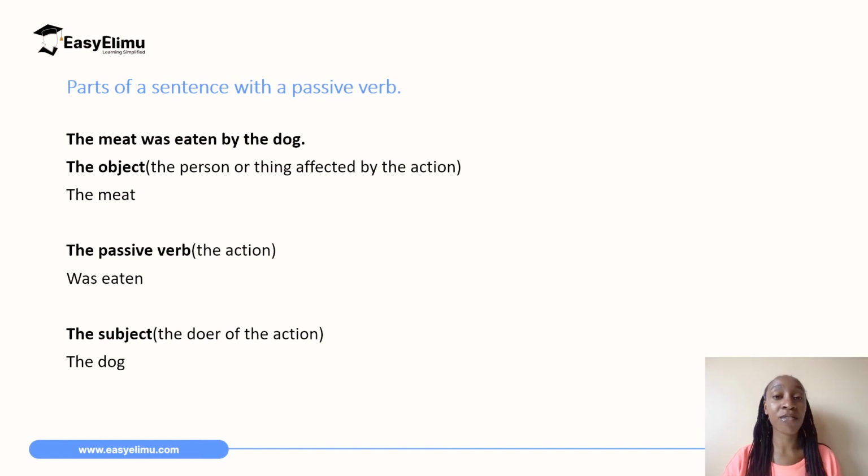What has been affected by this eating? The meat. So the meat here is the object. And then we have said the action of the verb is was eaten. You realize that now we have introduced an auxiliary verb, but we will get there. And then the dog is the subject. So when it comes to passive voice, we start with the object and then the verb and then the subject.